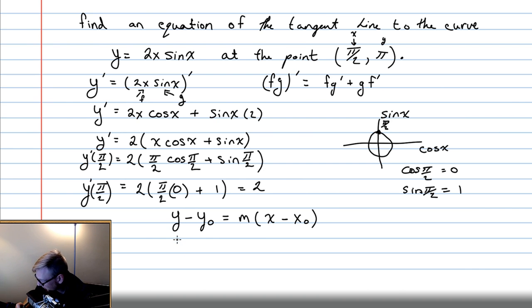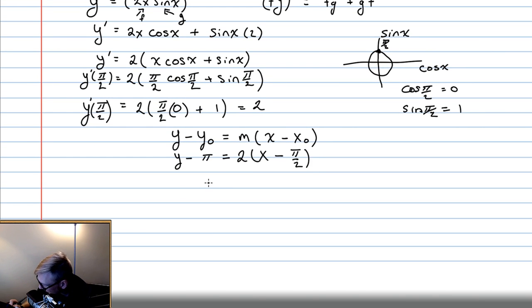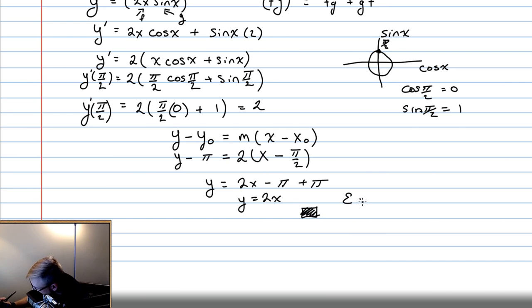Okay, so then y minus, well, y0 is pi, equals 2 times x minus x0, which is pi over 2. Go down a bit. We'll take the pi to the other side. We've got 2x minus pi plus pi. So y equals 2x. And this is our equation of the tangent line.